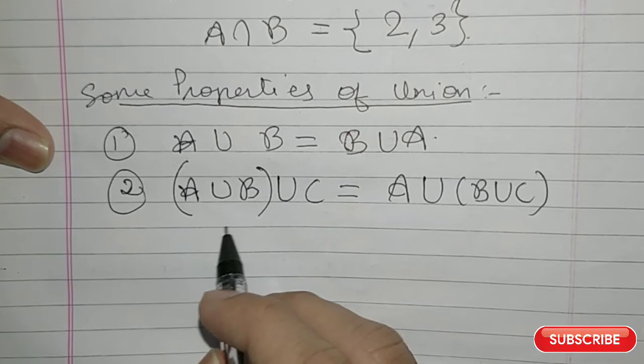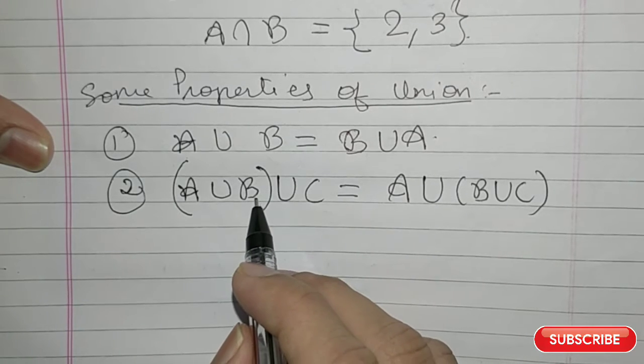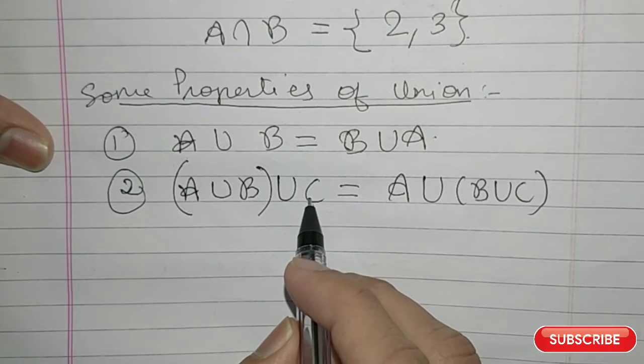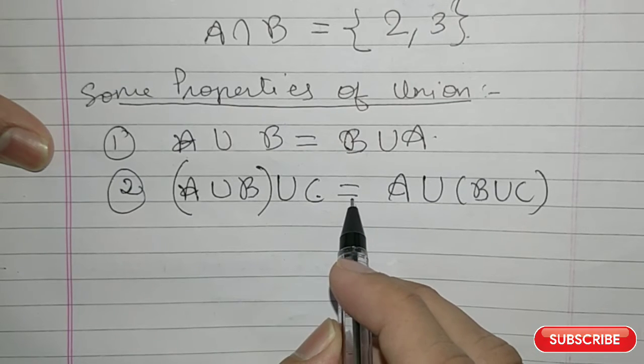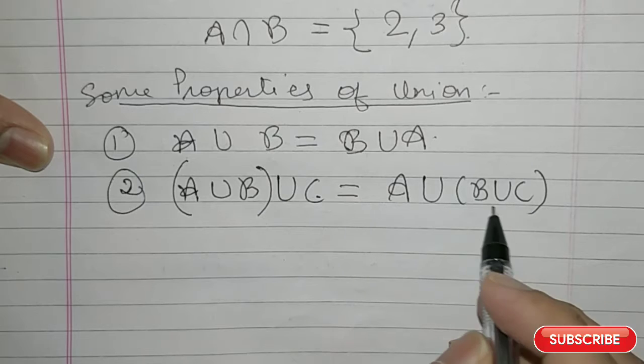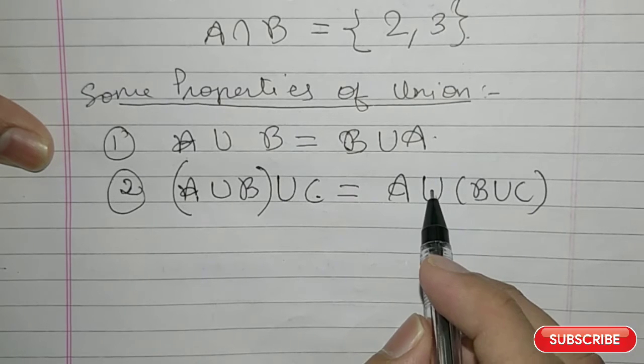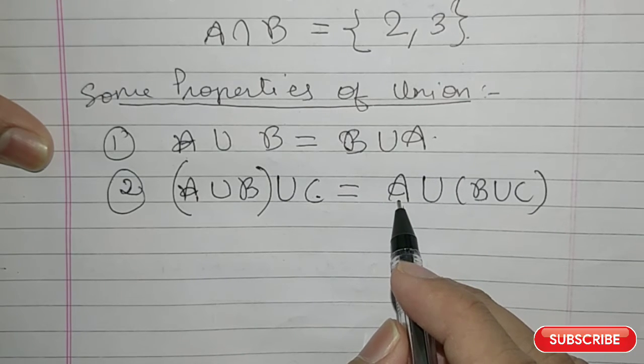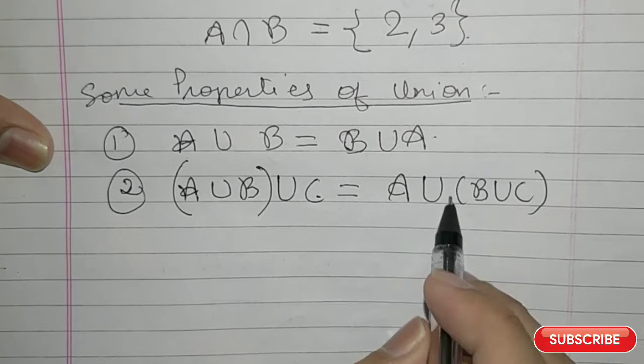A union B is calculated first, and the result is then taken union with this C. That will be equal to doing the B union C operation first and taking the union with A. So these two sets will be equal.